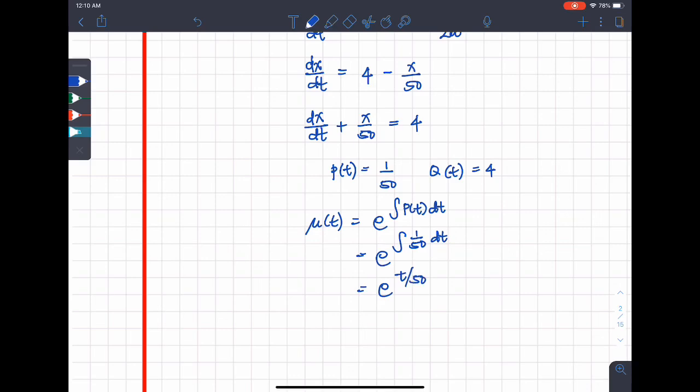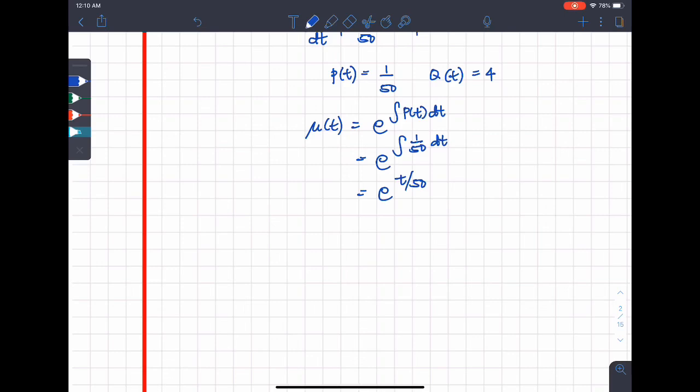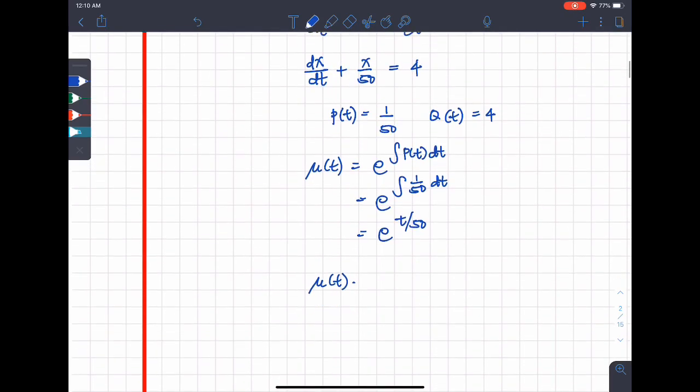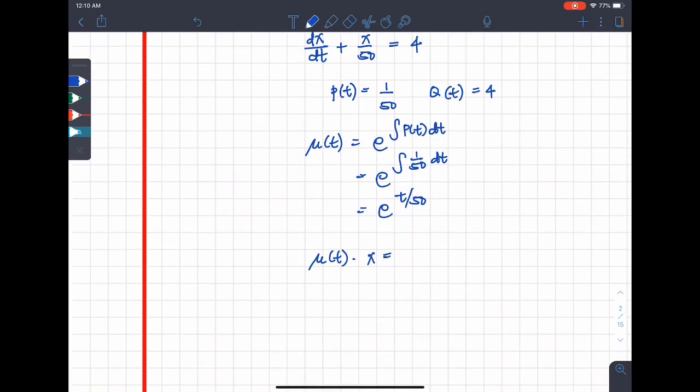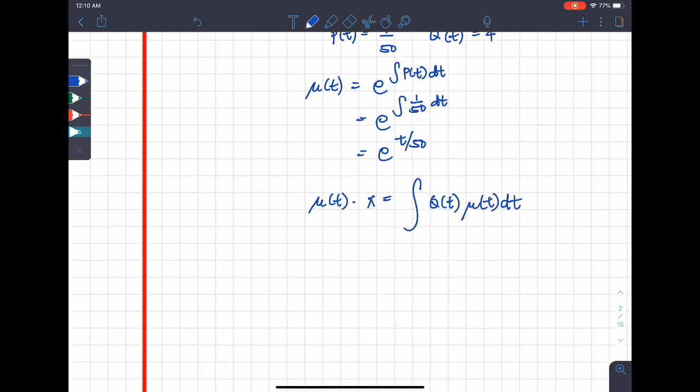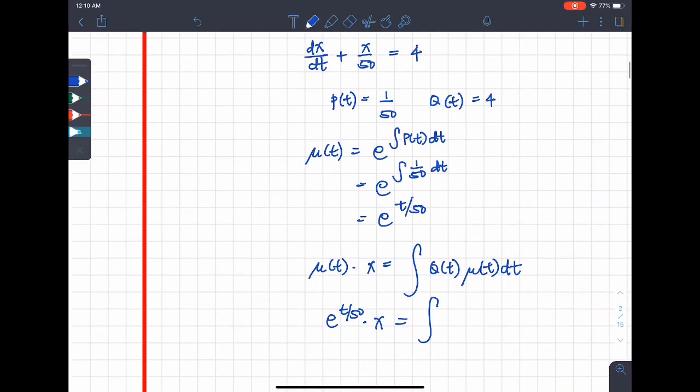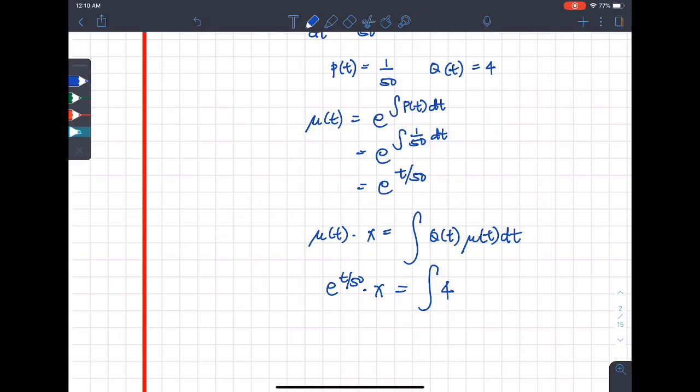Then our general formula is mu of t times x, since this time it is linear in x, equal to the integral of Q of t times mu of t dt. That is e raised to t over 50 times x equals the integral of 4 times e raised to t over 50 dt plus c.